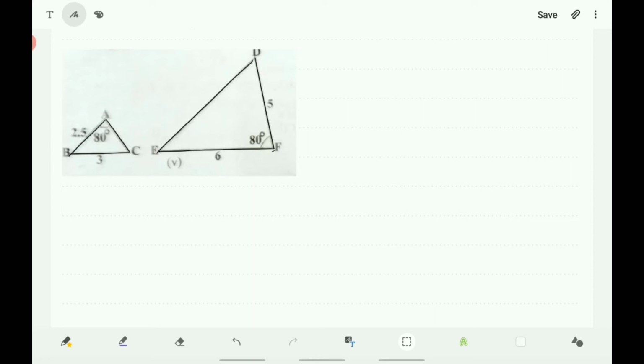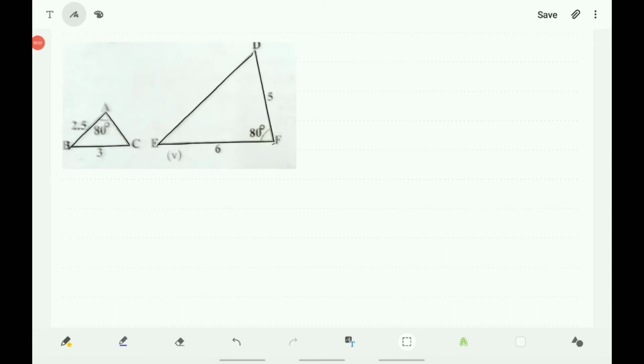But the other two angles are not given, so you can't use the AAA similarity criteria, and only two pairs of sides are given, so you can't use the SSS similarity criteria. But here two sides are given, so verify whether it is possible to use the SAS similarity criteria.